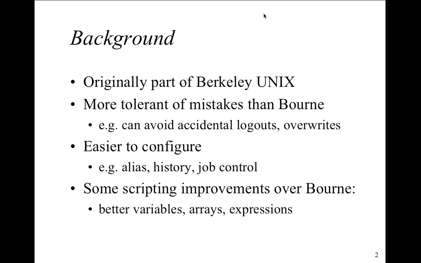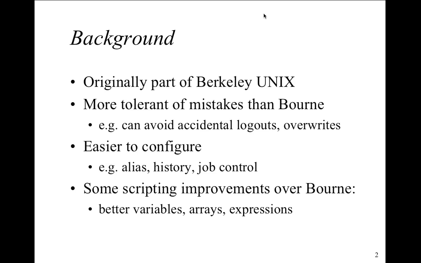So here's the background. It was originally part of Berkeley Unix, because Berkeley was probably one of the earliest versions of Unix that were out, and all those people at Berkeley, the godfathers of C who wrote C, came out of Berkeley. So naturally, the C shell is going to be their product.